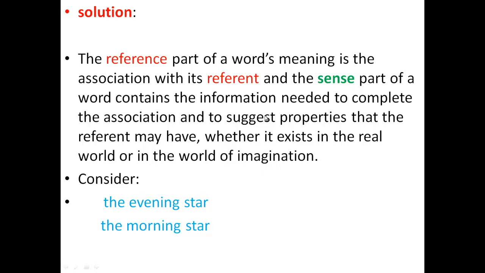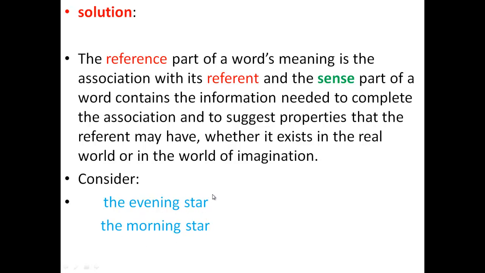In this way, it seems that we are going to solve the problem of things that do not exist, things that cannot have images or concepts corresponding to them. Now let's talk about just this example to make things clear between reference and sense. Look, the evening star and the morning star.